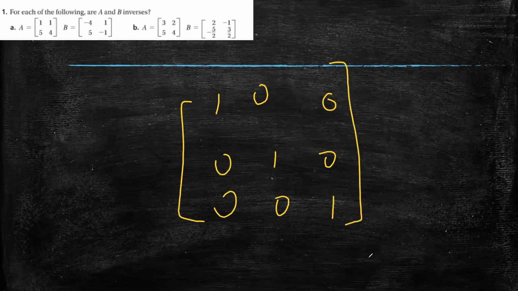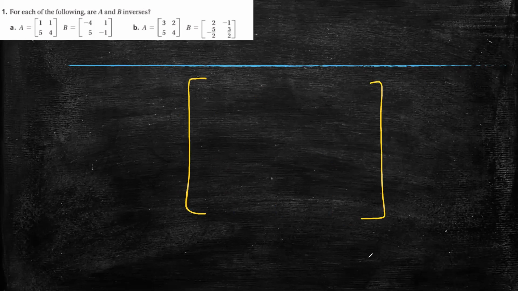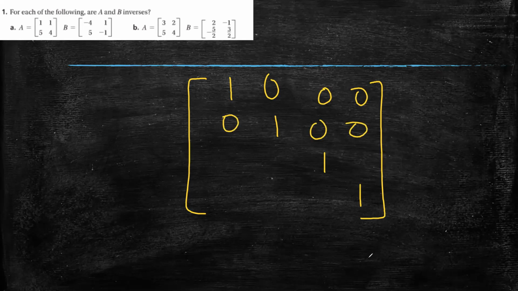Yes, this is a 3 by 3. A 4 by 4 will be like this, and there is a 5 also. This is also an identity matrix.